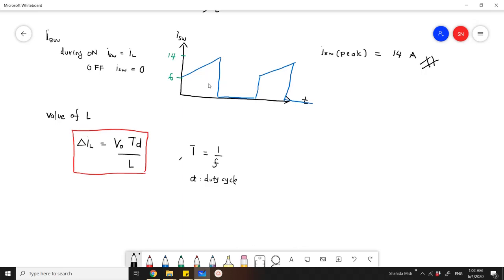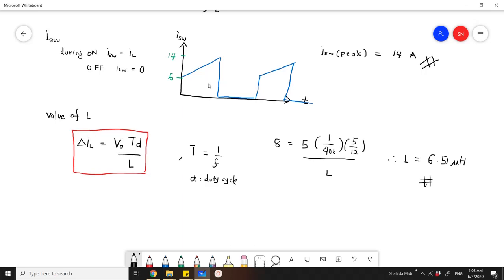Okay, so we already have all the values that we need over here, so we can just substitute all the numbers to find the inductance. So finally we will have the inductance that we need to put for this buck converter in order to get the said output voltage from the input voltage. We need this value.